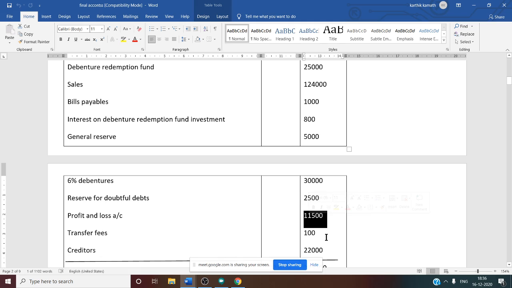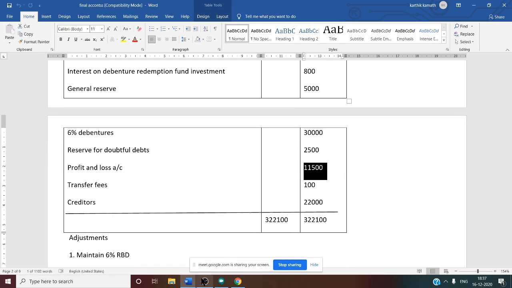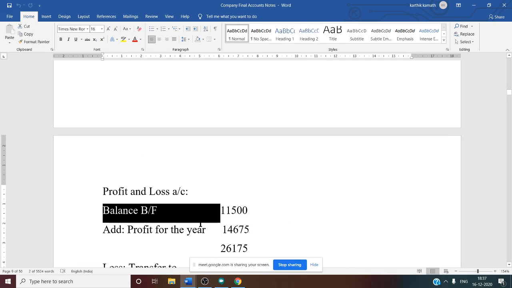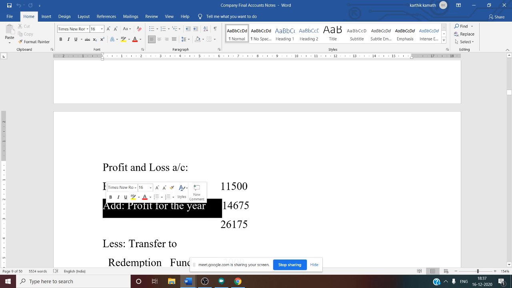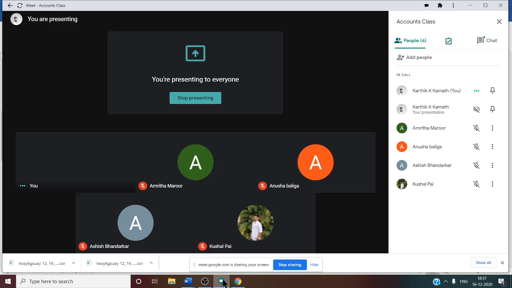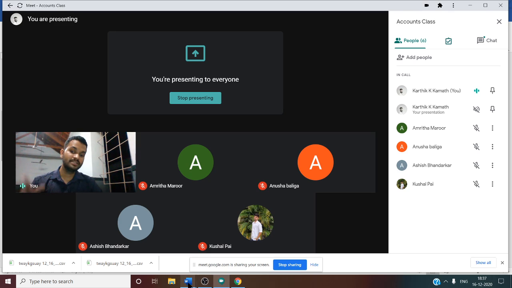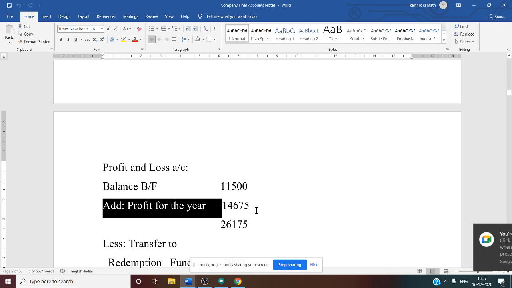That is why it is a profit. There is a profit to the company. If debit side information is there, then there is a loss to the company. So now this brought forward information 11,500 we have taken. Next you have to add the profit for the year. Where are you going to see this profit for the year? Just now we prepared the statement of profit and loss.